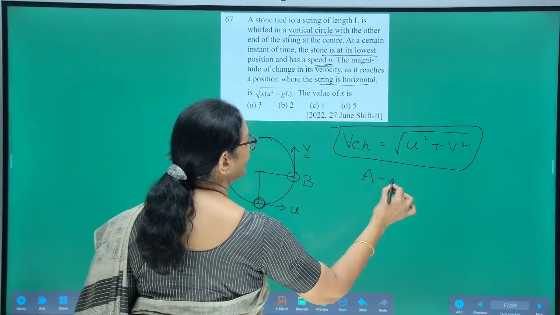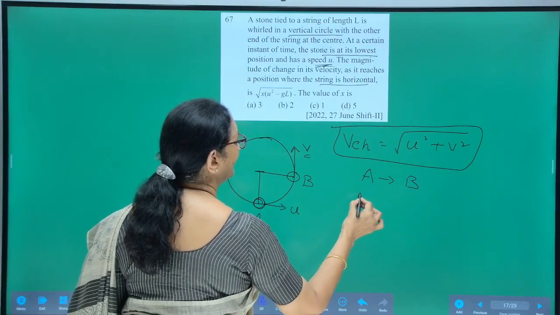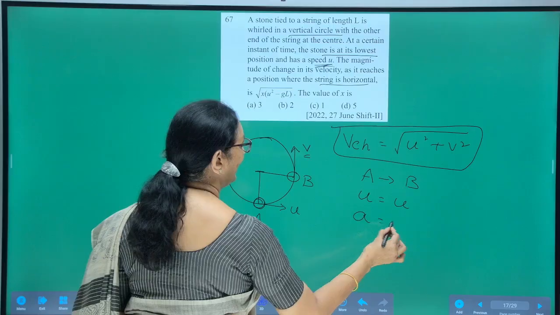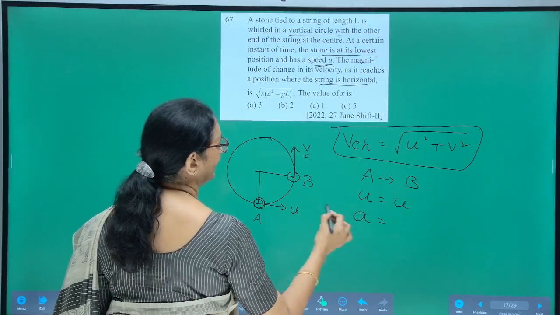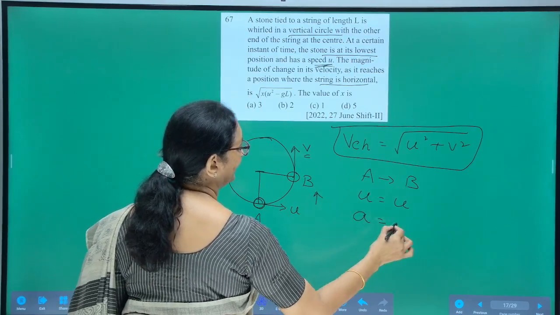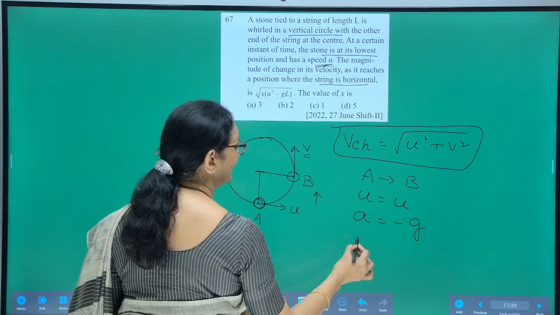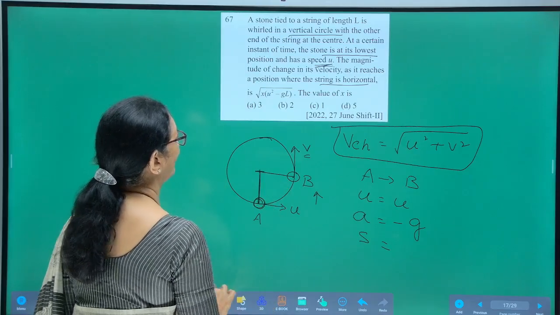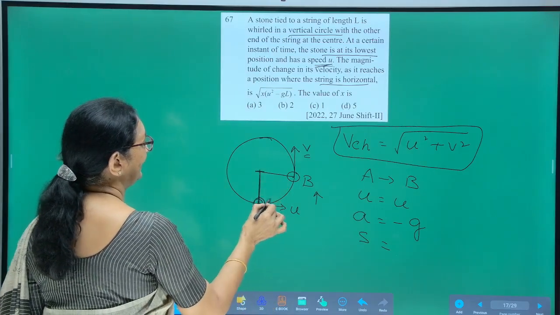So, for that consider the journey from A to B. At the point A, initial velocity is u, a is equal to minus g, as it is moving in the vertically upward direction. S is equal to the length of the string, which is the radius.